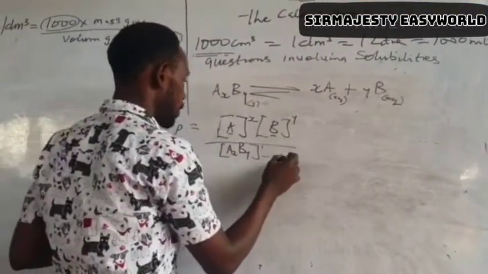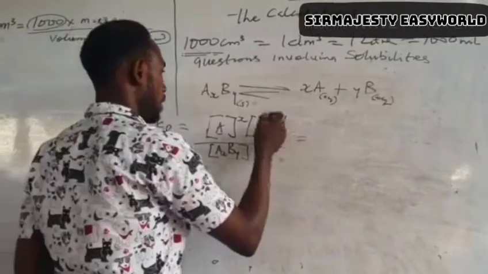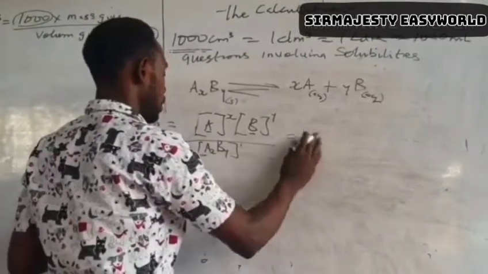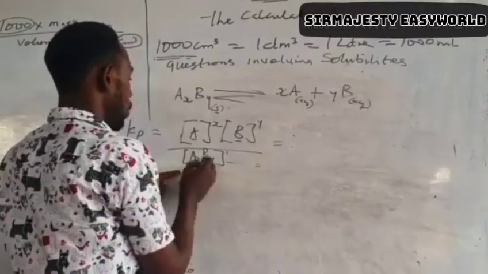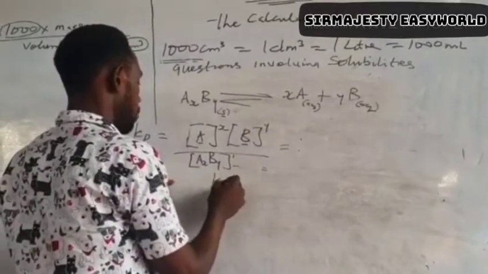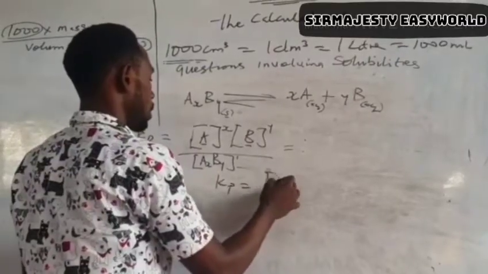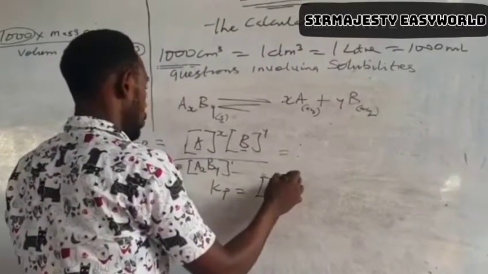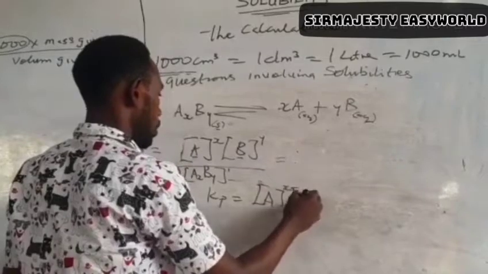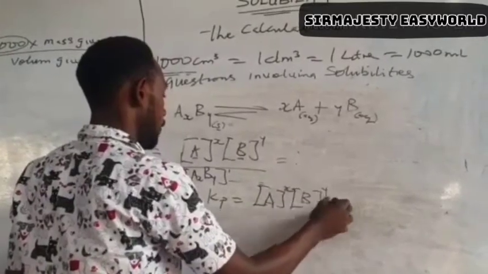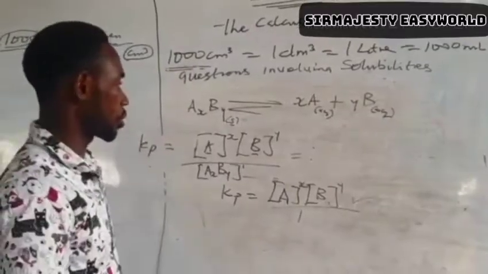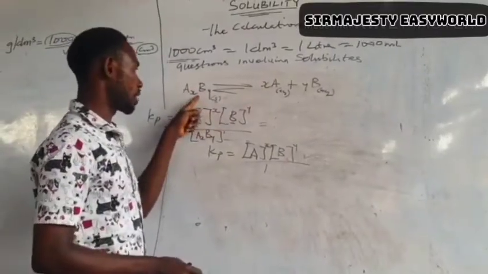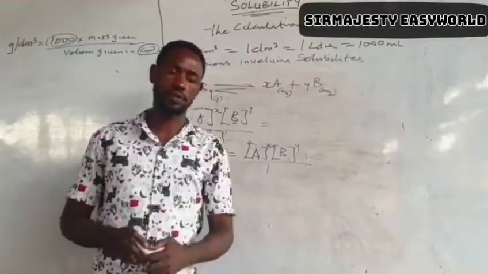Now, taking the concentration of this as 1, because it's undissolved, of course. Remember, this is solid. So when this is taken as 1, it shows that our Ksp is now equal to the concentrations raised to the power of the coefficients, multiplied, all over 1, which is the same thing as this. So this is the solubility product of a given solute that is in equilibrium with this solution.